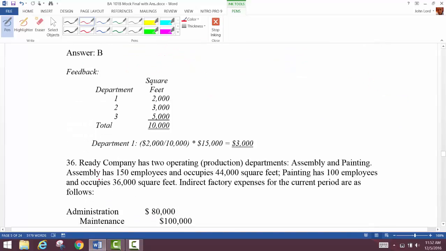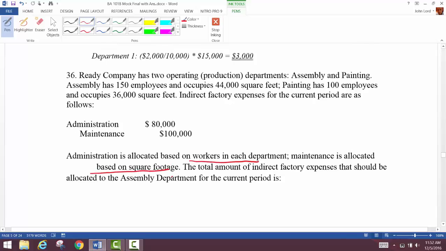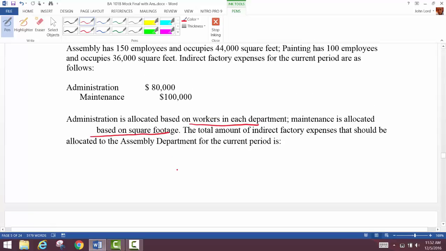Okay, good. Number 36. This one got some weird spacing in it. But we've got these 2 departments here, administrative and maintenance. Administration is based on workers in each department. Maintenance is square footage. They're looking for the amount that should be allocated to the assembly department. Whose costs are we trying to pick up?